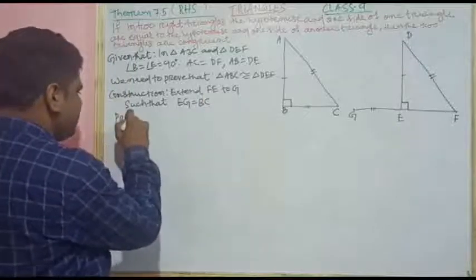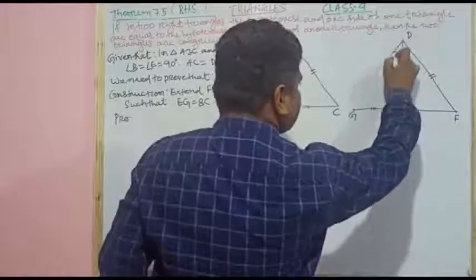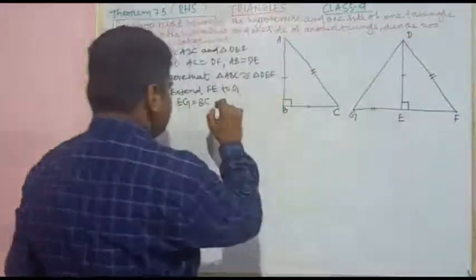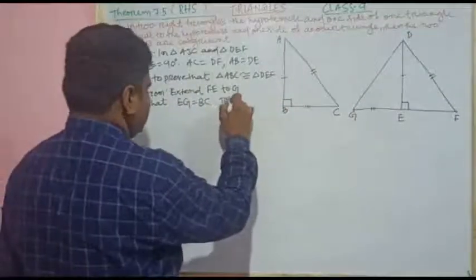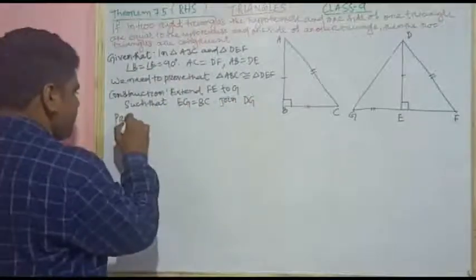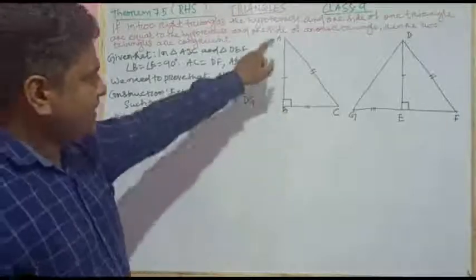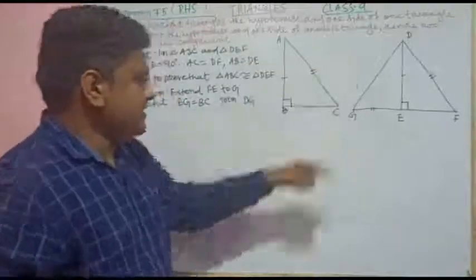Proof. And we have to join DG. Let's prove this. In proof, let's take triangle ABC and triangle DEG.